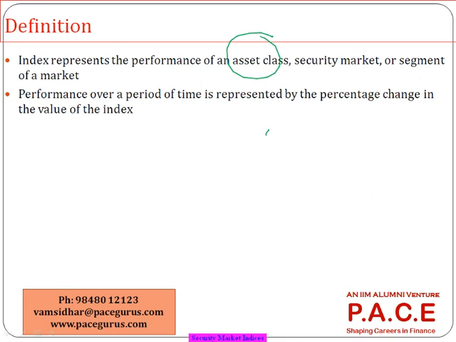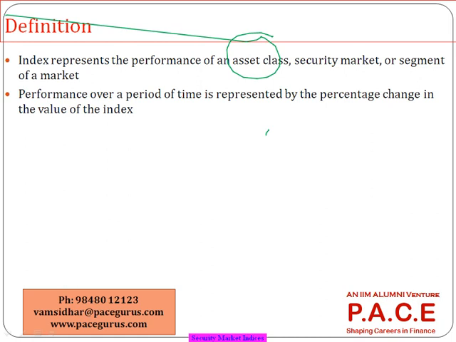Whenever we talk about performance, we always try to measure it with respect to that particular index. Sometimes for mutual fund managers or any such investors, or portfolio managers, their performance is always compared against the index as the benchmark. Okay, in this year Sensex has grown by 12%.